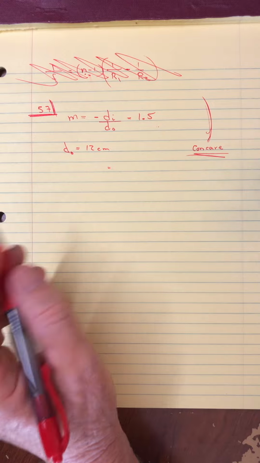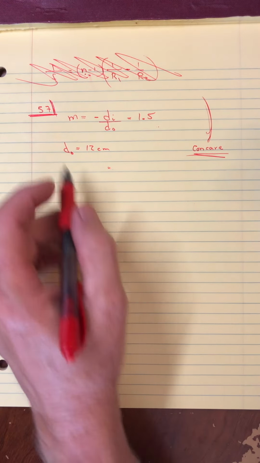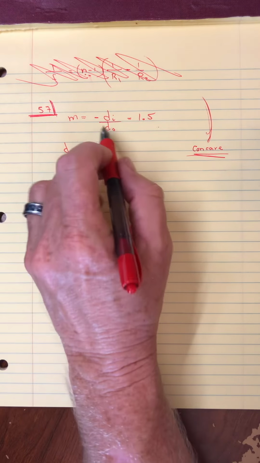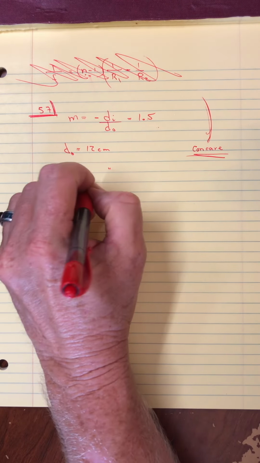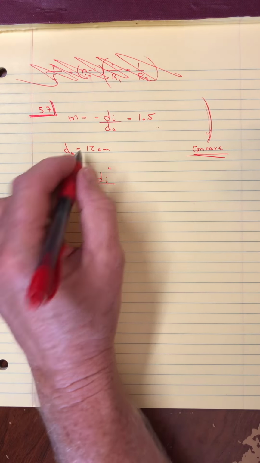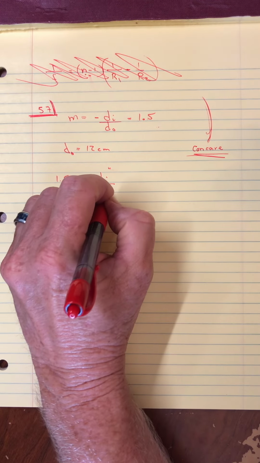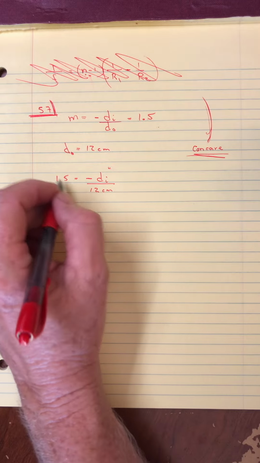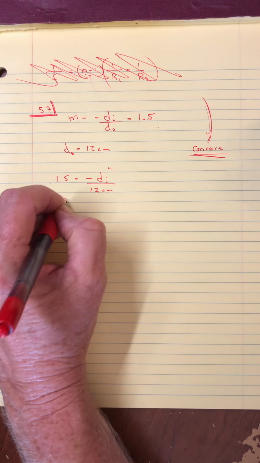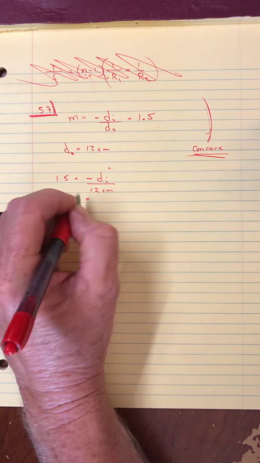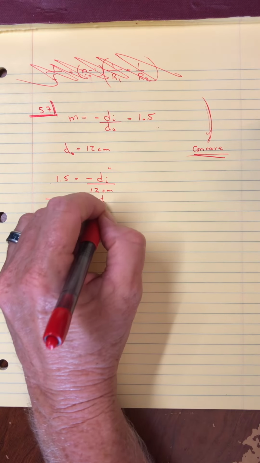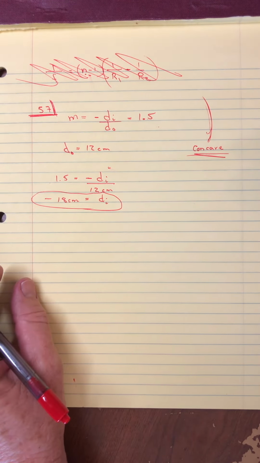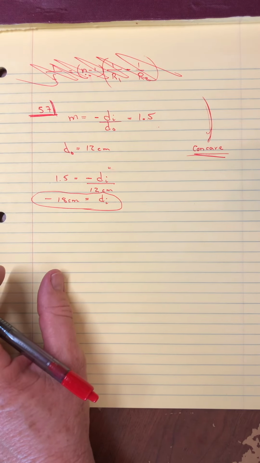Like we did on a problem for the lenses, I get 1.5 for the magnification equals negative image distance over 12. If I bring 12 over here, 1.5 times 12 is 12 plus another 6, which makes 18 centimeters. With the negative, that's the image distance, so the image distance would be negative 18.